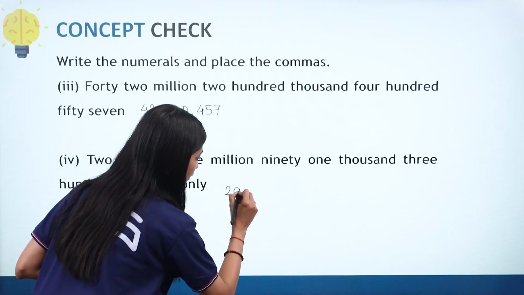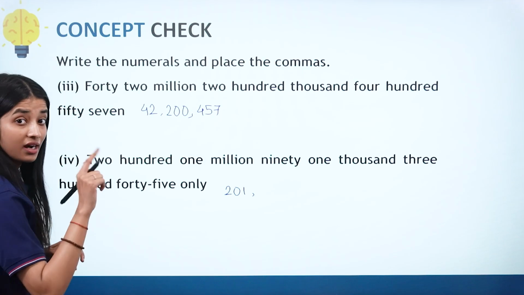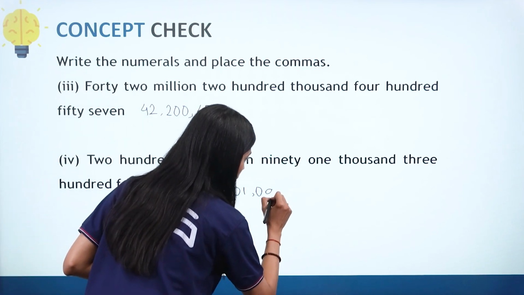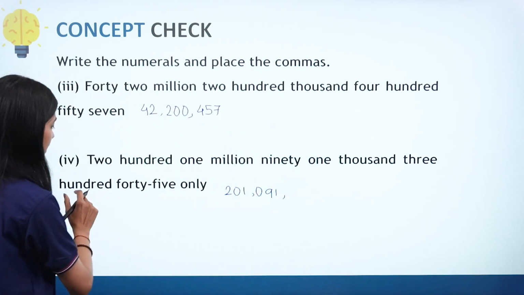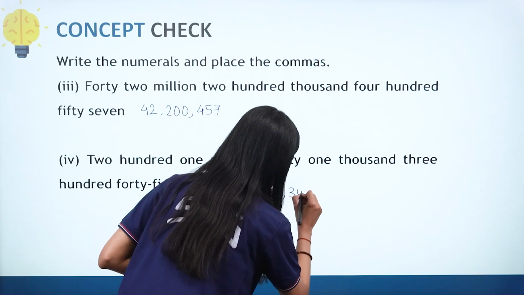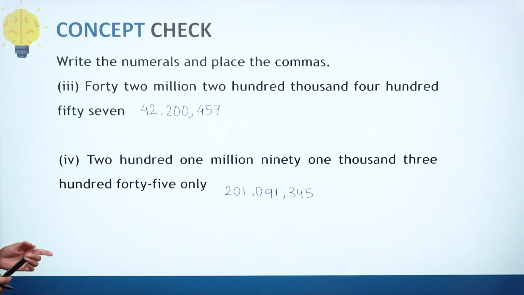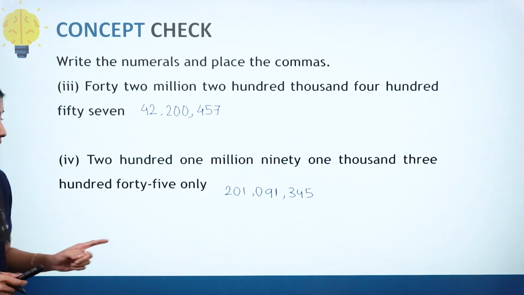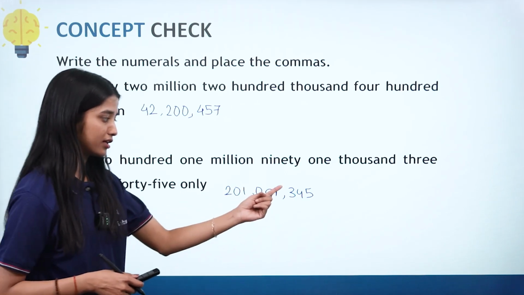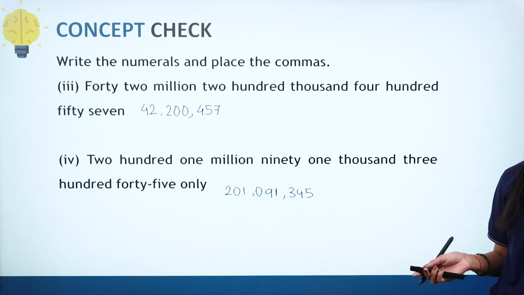So 201 million, then 91,000. It means for 100,000 we don't have anything, so we write 0. And 91,345 only, it means 345 we have here. So this is the required number, which is 201,091,345. I hope this was clear to you. It was very easy, right?